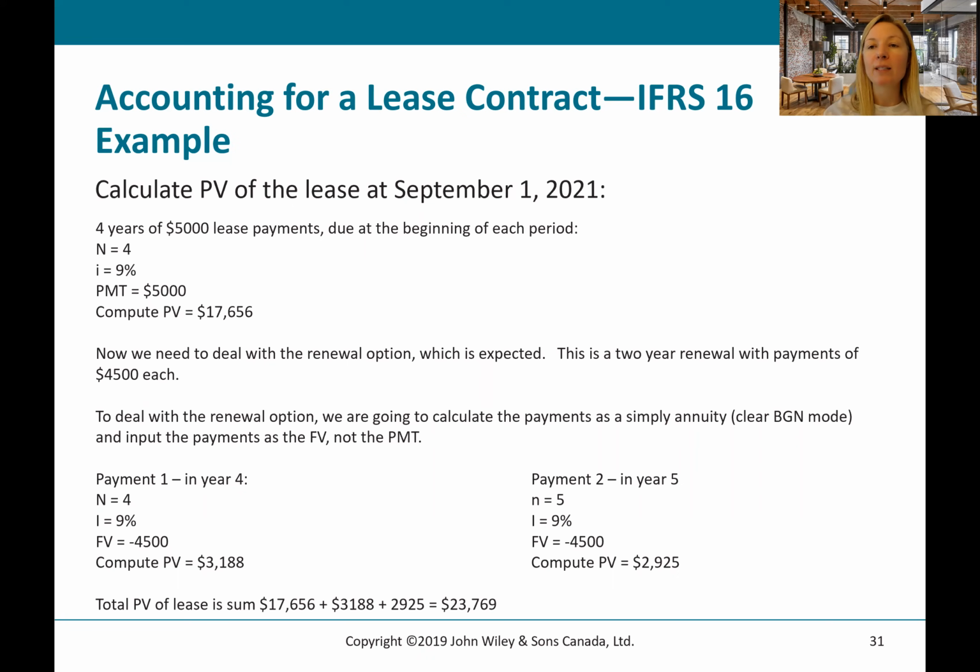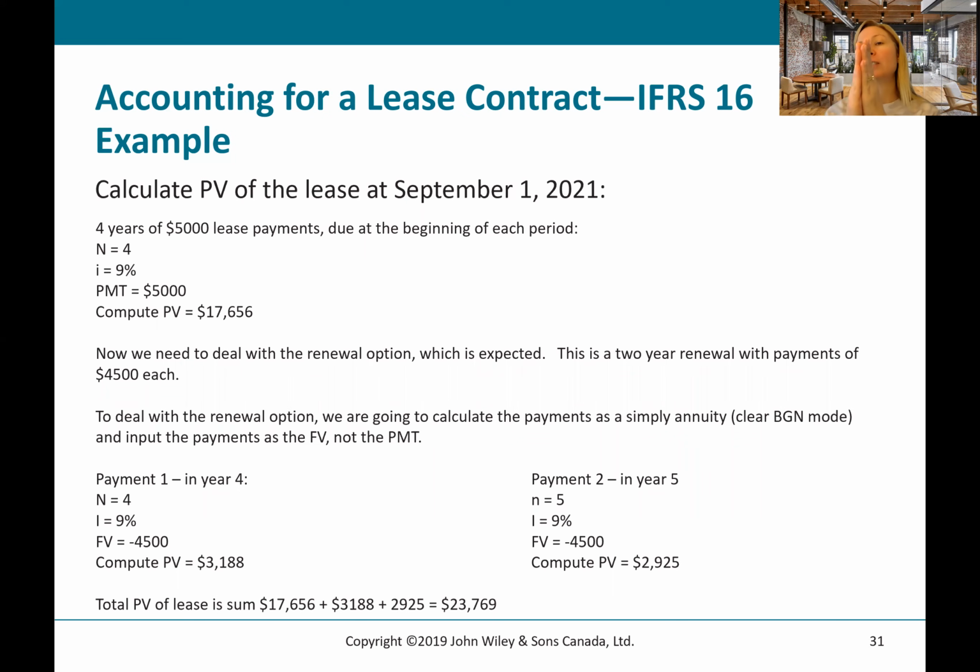But this creates a problem for us because we can't put this in the same way that we put in the base lease. What we did in the base lease when we calculated the present value is we said we have time 0 and we have time 4 years, and we're going to pay $5,000 each period. And how much is that worth? So we've calculated it as an annuity due.